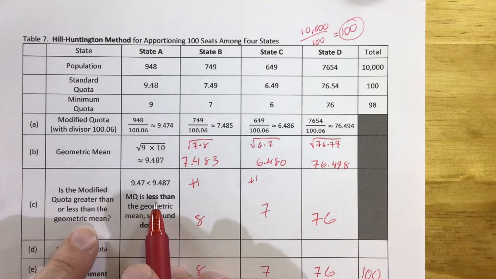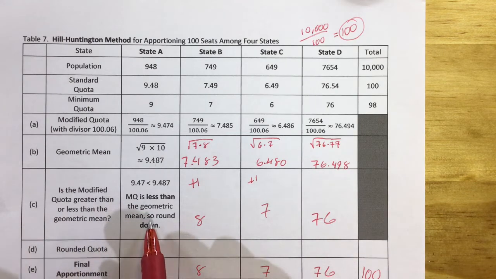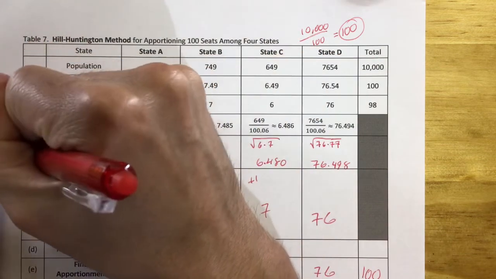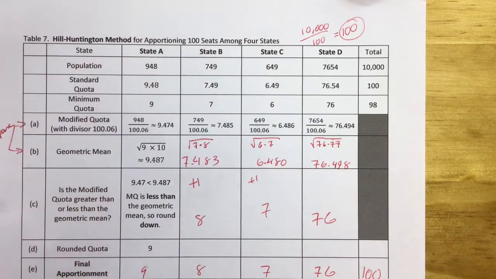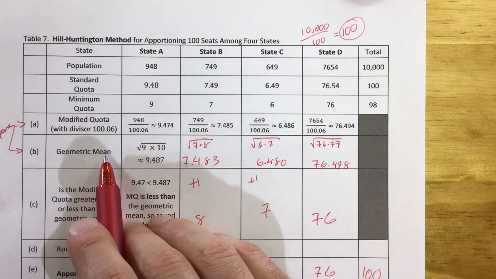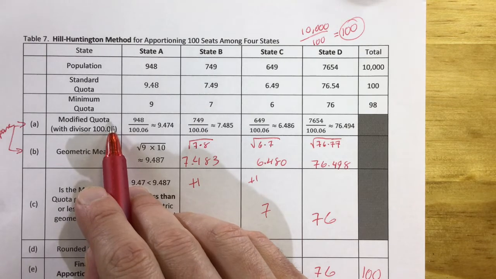All right, all of this is going to get us down to our final apportionment. But what we need to do is a comparison between these two things here. We need to compare those. If the modified quota is greater than the geometric mean, then that state is going to get an extra seat.